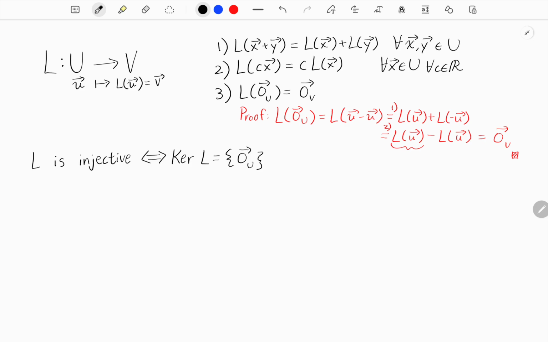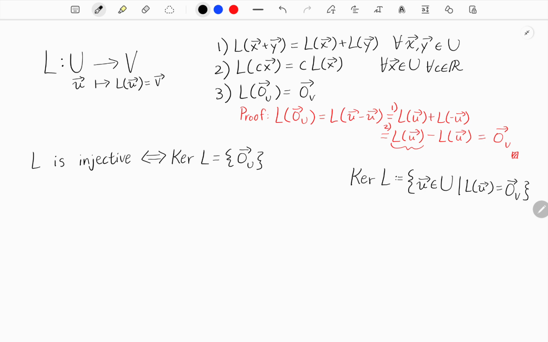And by the way, the kernel of L is defined to be the set of all little u in vector space big U such that L of little u is equal to 0v.